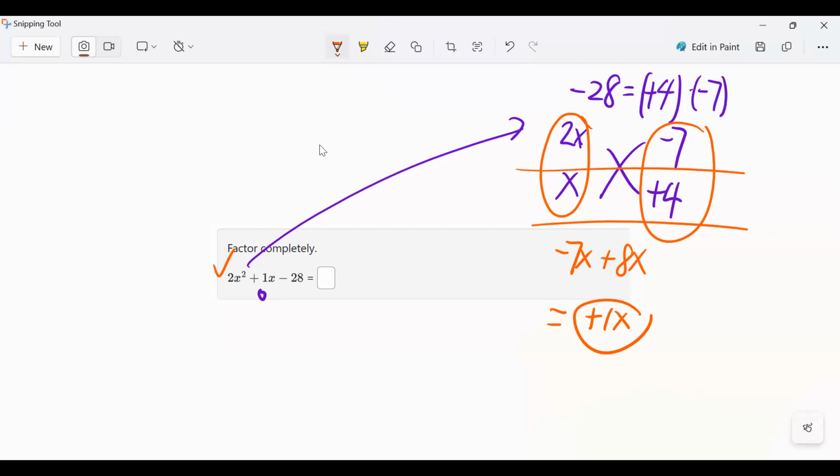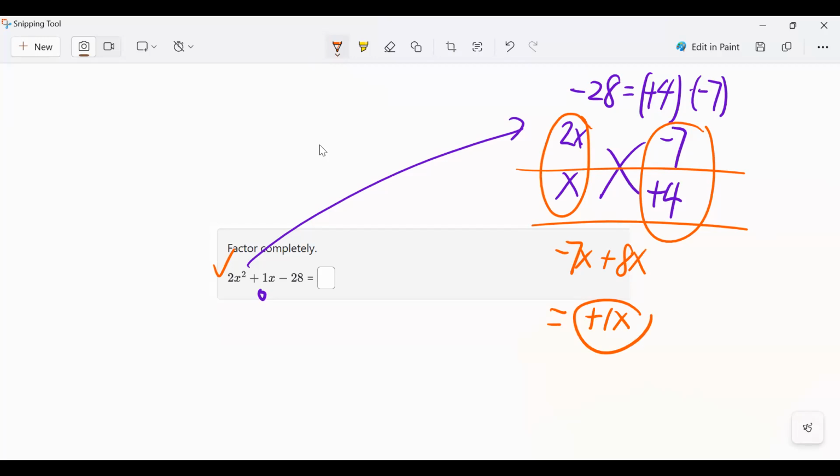Again, most of the time do not expect to get this answer right away, because I have a lot of experience. I have been doing this for many years, so that's why I'm more effective in solving the problem.